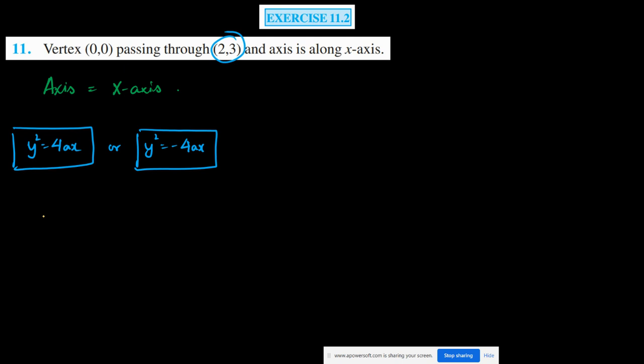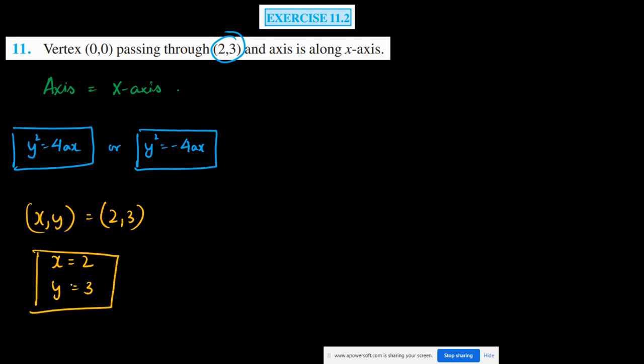Let me make a note of that. x comma y can be taken as 2 comma 3, meaning that x can be taken as 2, y can be taken as 3. The same thing I will be writing down.